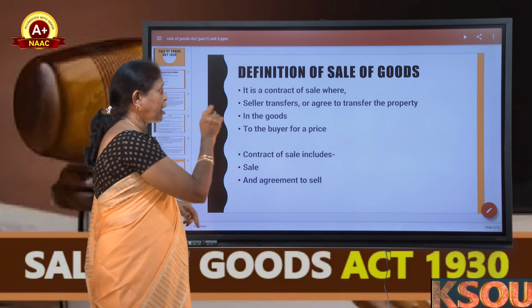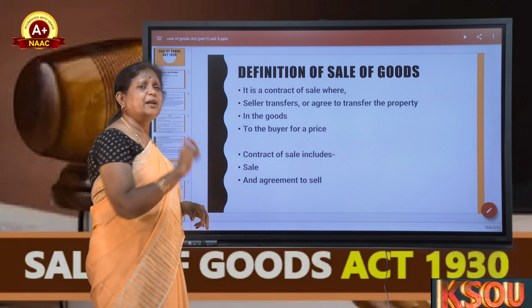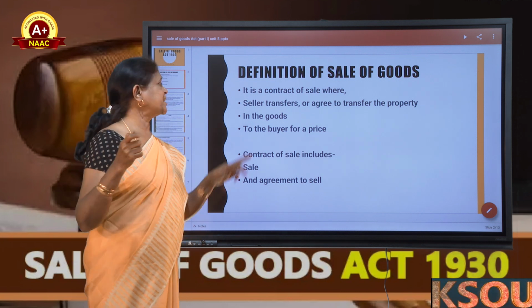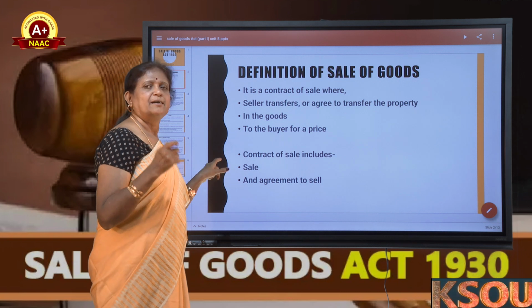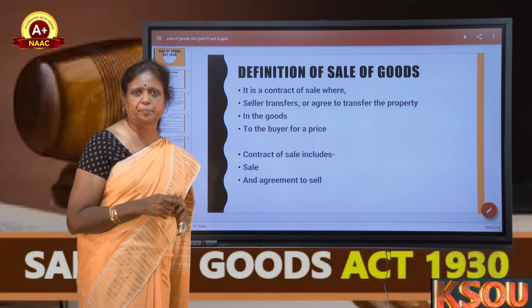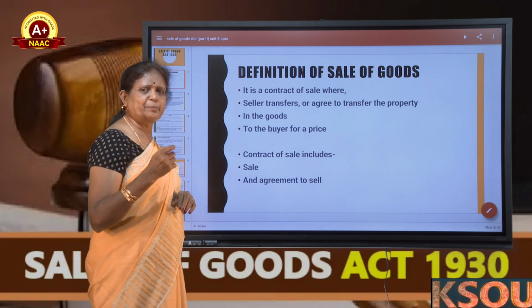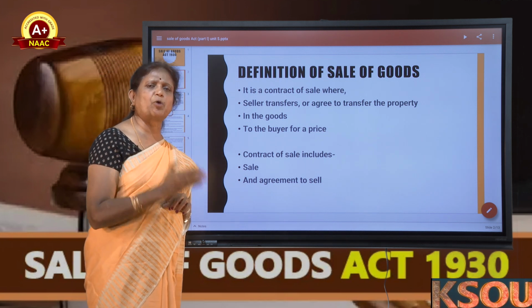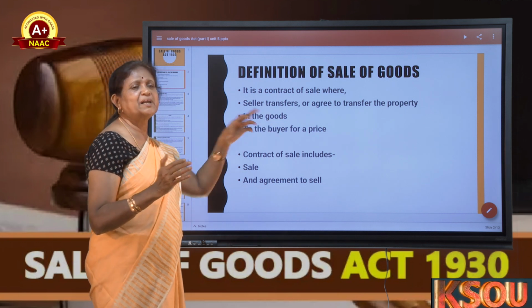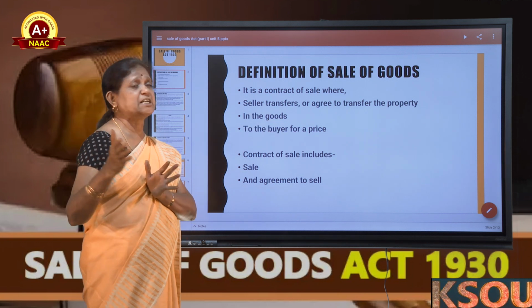Property in the goods does not mean handing over the actual goods, but property, as the Act mentions, means proprietorship or ownership. Even though sometimes possession is not handed over from the seller to the buyer, property means ownership is said to be transferred.